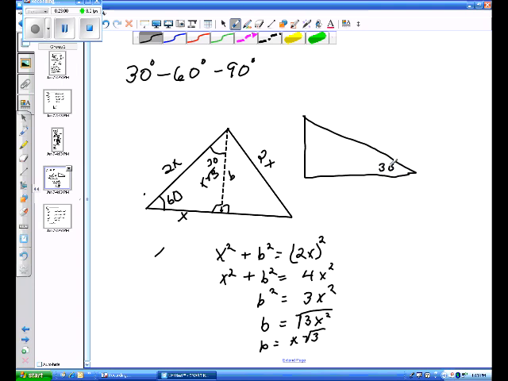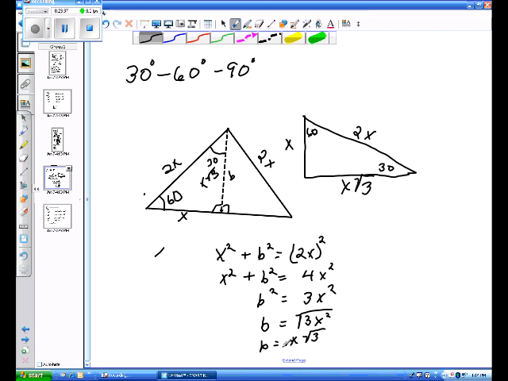If this is our 30-degree angle and this is our 60-degree angle, the side opposite the 30-degree angle is half the hypotenuse. So I'm going to call this one x, so the hypotenuse would be twice that. The side opposite the 60-degree angle is always the short side times the square root of 3. And your sides will always be in that ratio.